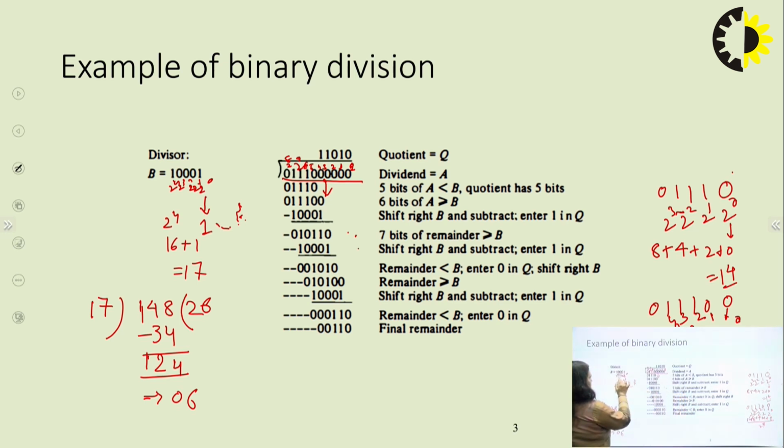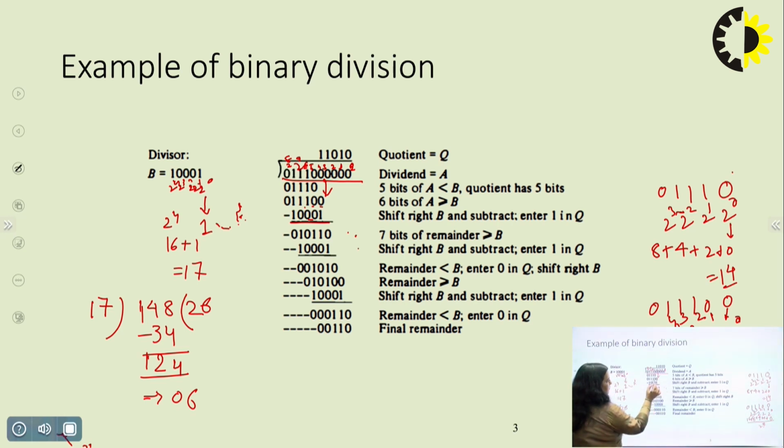So B 1 0 0 0 1 times 1, we will get here 1 0 0 1, and we will perform simple subtraction here. Now 0 minus 1 is 1 with a borrow of 1. If we have to borrow, we take the values till we get 1.